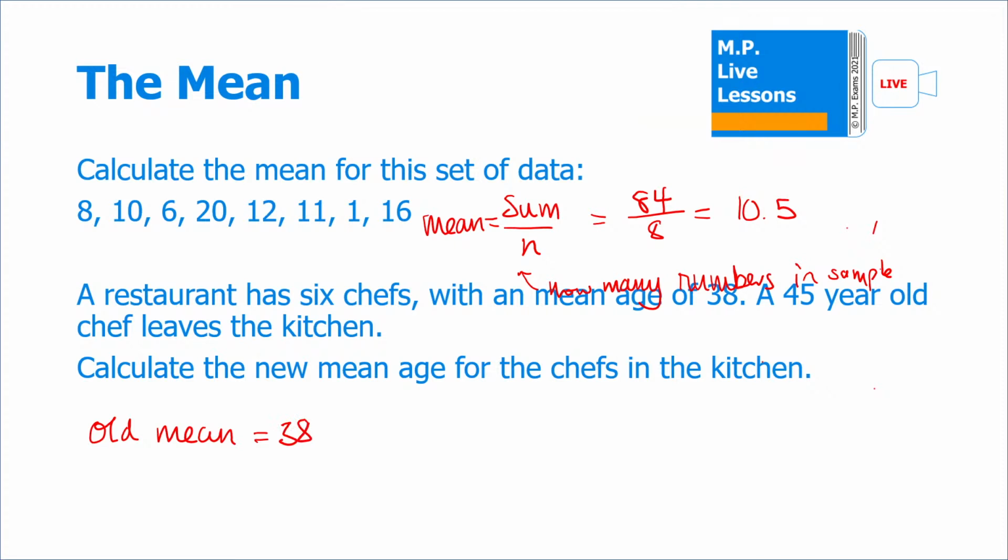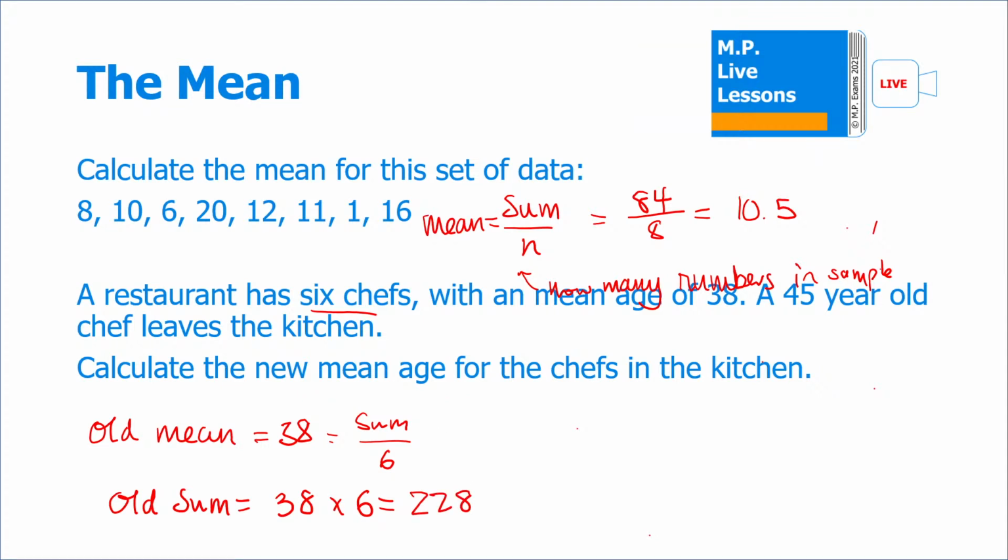This was calculated by the sum of the ages divided by 6, since there were 6 of them. So the old sum is 38 times 6, which is 228.